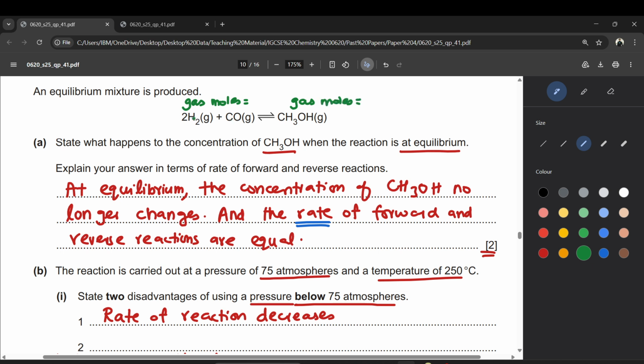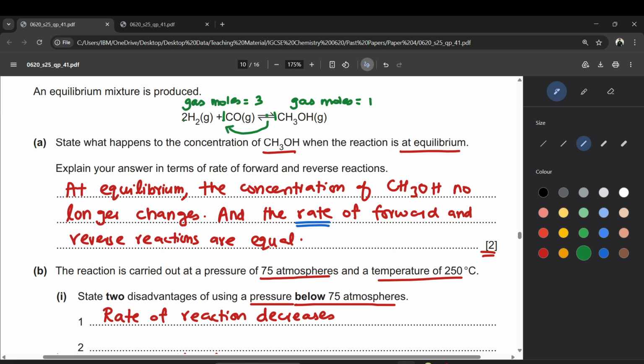On the left hand side we have 2 plus 1, that is 3 gas moles, and on the right hand side it's only 1. So if I decrease the pressure, position of equilibrium moves to the side that has high number of gas moles. That means it will shift to the left hand side.